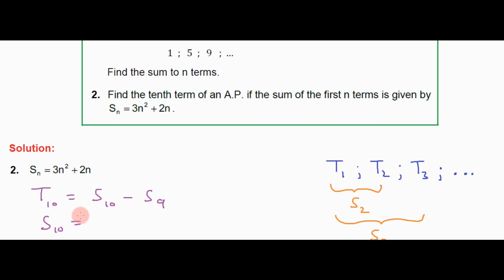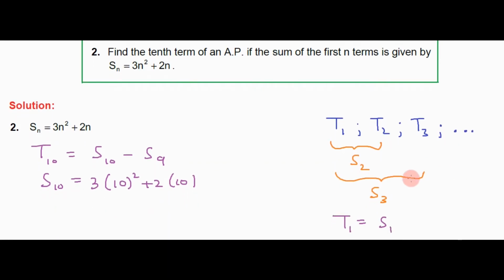So it's 3 times 10 squared plus twice 10. And this is 320. And we can find S sub 9, the sum to 9 terms, by plugging in 9 for n. So 3 times 9 squared plus twice 9.